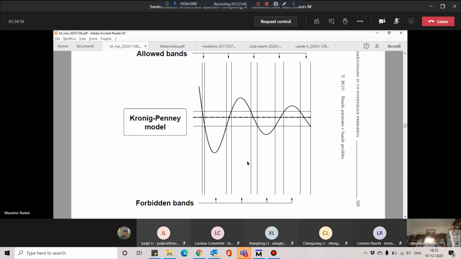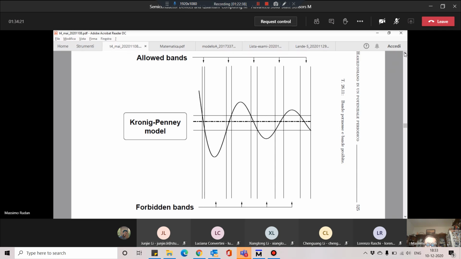Okay, in fact, in this figure you see the strips marked as allowed bands on top and the other strips that are marked as forbidden bands. Okay, so there is an alternation of allowed and forbidden bands.